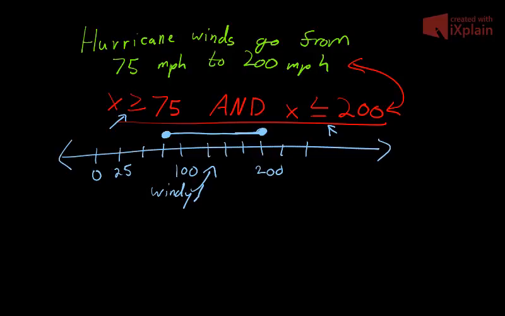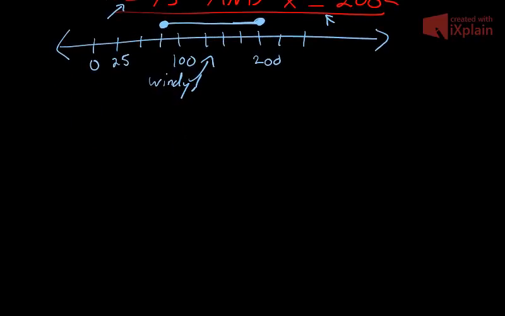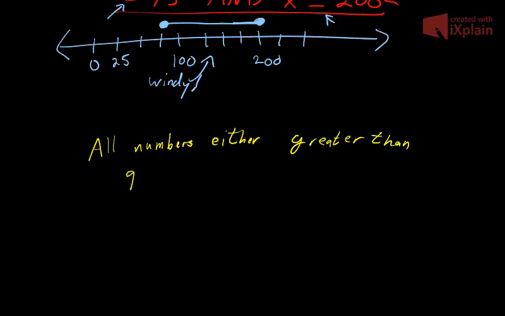So if I have an or, a lot of times it's going to be a little strange looking, but I think we'll get the hang of it pretty quickly. So if I want to know what all numbers are either greater than 9 or less than 3.